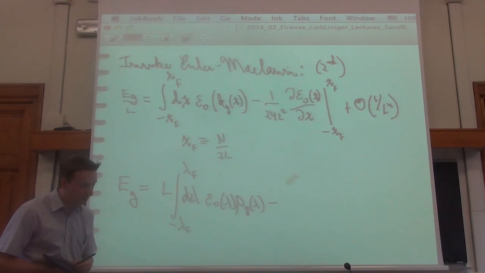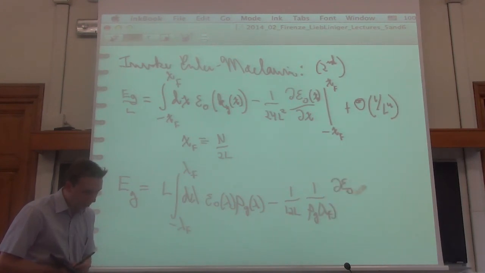things here. So you just use this relationship that we had, dx d lambda. So there's the rho that comes here. So what you get is that it's minus 1 over 12L, and then 1 over rho ground state at lambda f times d epsilon 0 d lambda evaluated at lambda f.